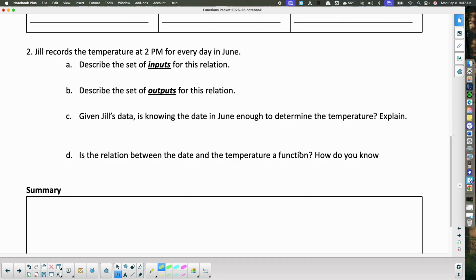X would be the temperature or the time. The 2 p.m. actually has nothing to do with it, other than I think they were trying to say she does it once per day. So to me, the input would be what day of June, like June 1st, June 3rd. What you gave was the output. The temperature is what you're recording, like the answer. So inputs would be day of the month. Outputs would be temperature.